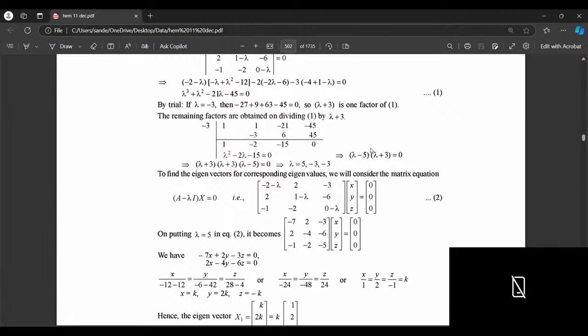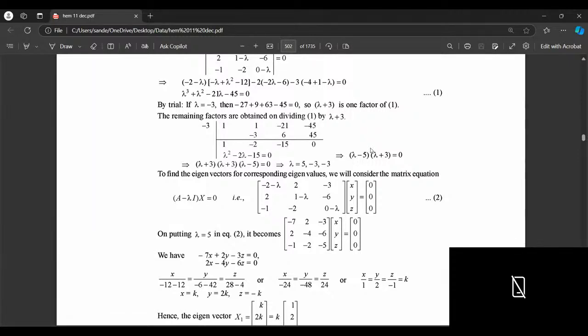So we take the first two equations. You can take first two, last two, or first and last. If all three equations are different, you may choose any two equations and we can find the eigenvector.